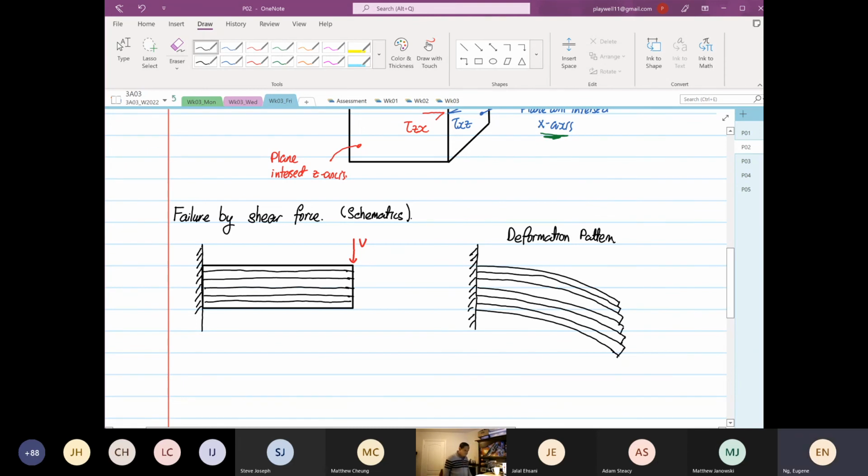So you can see the failure along, okay, shear stress. This is what I'm trying to get at.